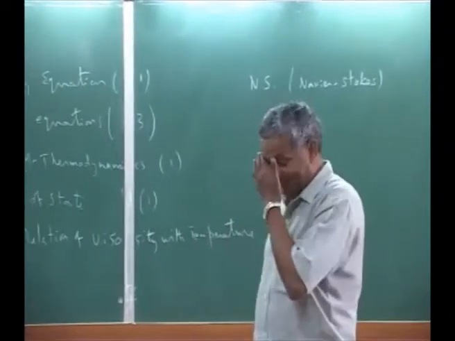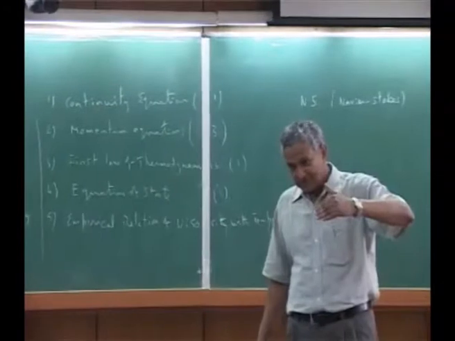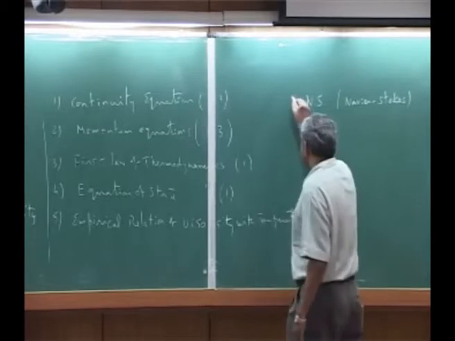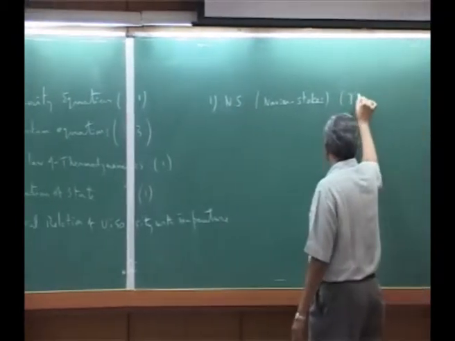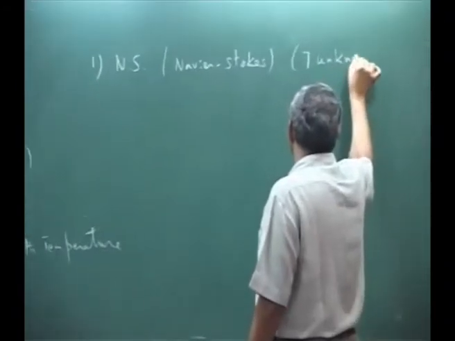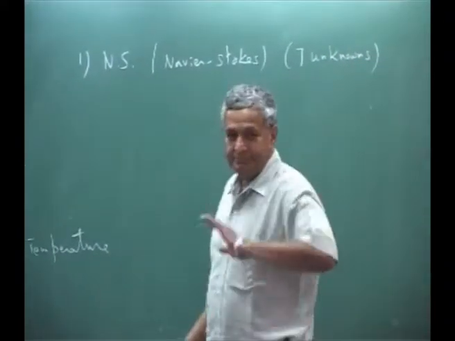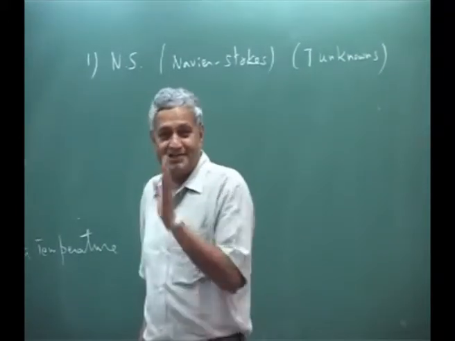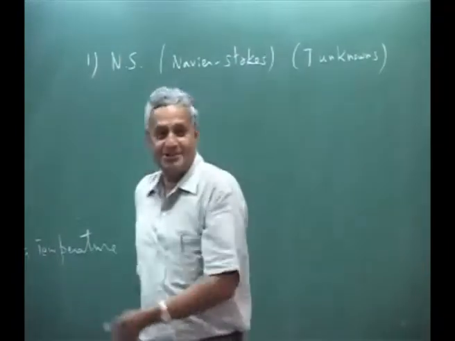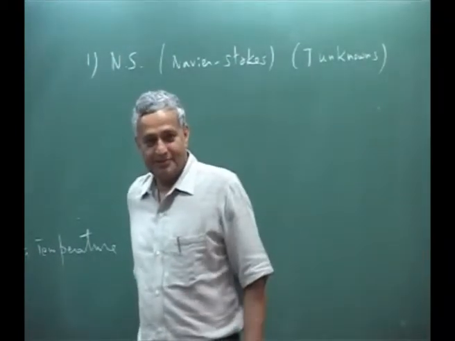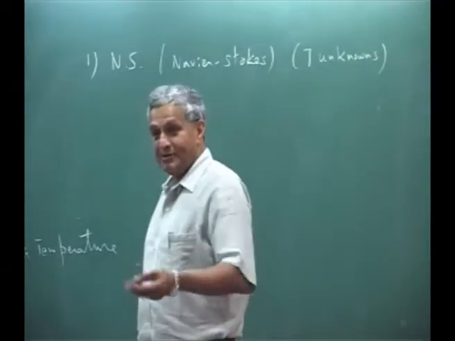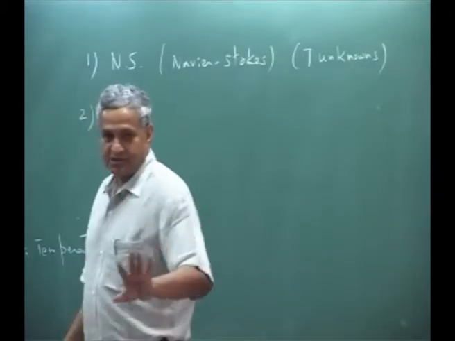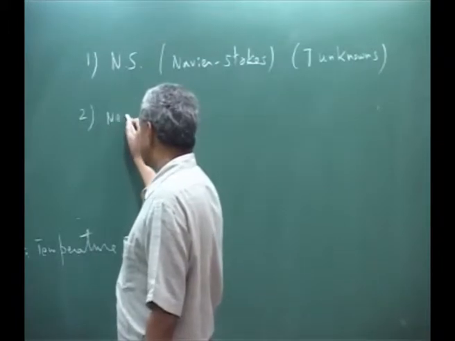But then what we do, if you make some approximation, the first level of approximation is this. This is the full set, 7 unknowns. That's what CFD people, direct numerical simulation or something, take: all the 7 equations, and then start solving the Navier-Stokes equations. But you make one approximation, the first level of approximation, which is, I say that I neglect viscosity.